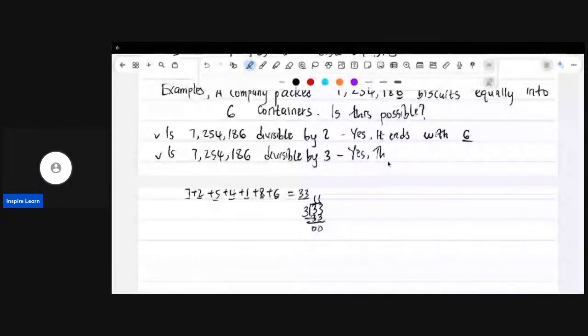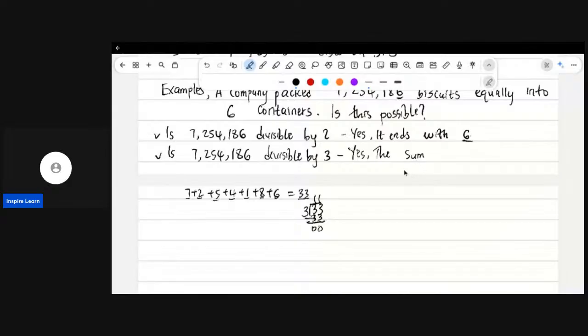The sum of digits gives 33, which is divisible by 3.